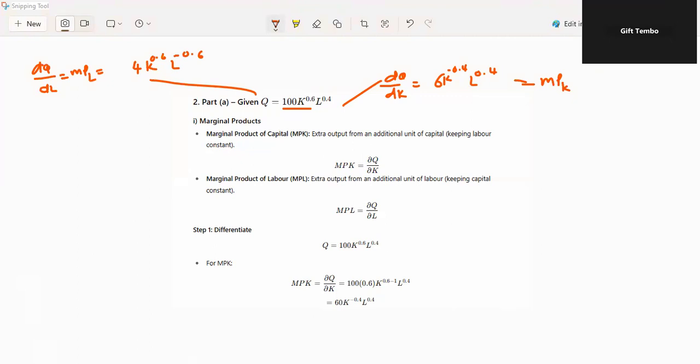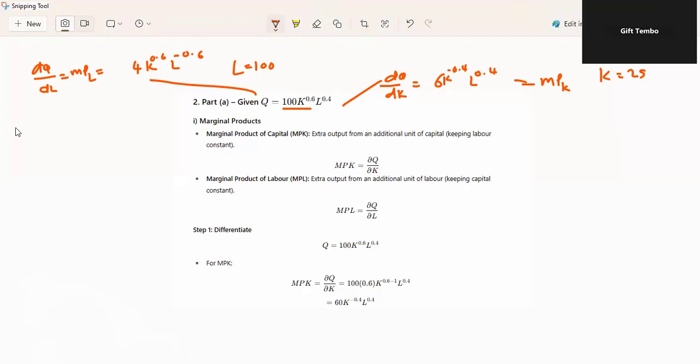Of labor. So now we've been given that suppose the capital is 25 and labor units are 100. Let us calculate the marginal product of labor and marginal product of capital. Suppose labor is 100, capital is 25. So what is the marginal product of labor and marginal product of capital?